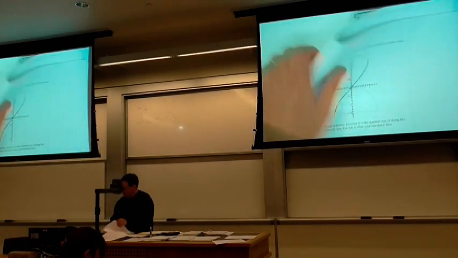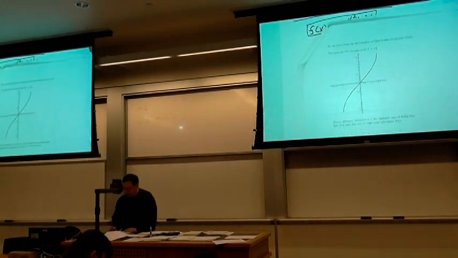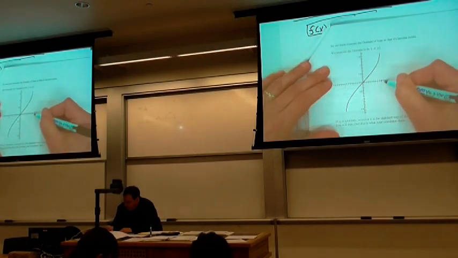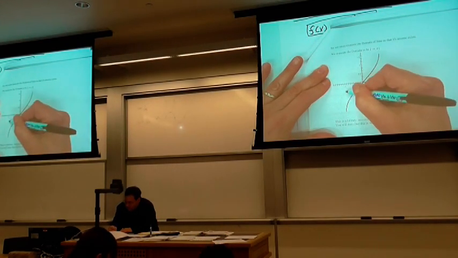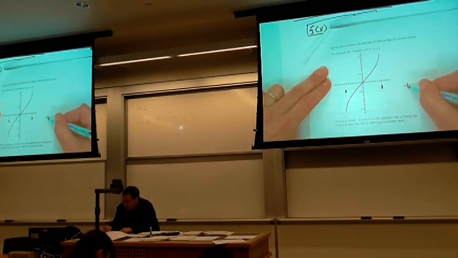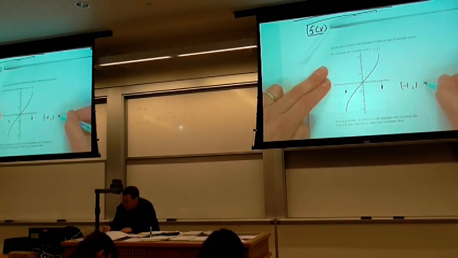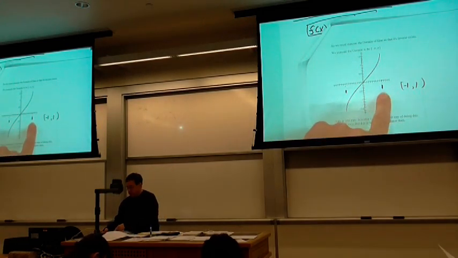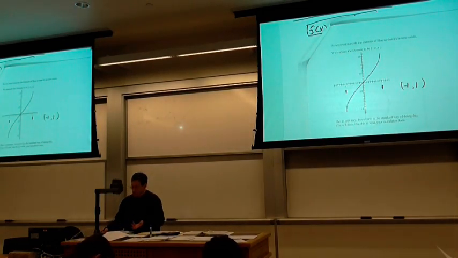Okay, so this is what that function looks like. Let's take a look at it. Its domain has to be between minus 1 and 1, right? The range of the sine function is minus 1 to 1, so the domain of its inverse function is minus 1 to 1.